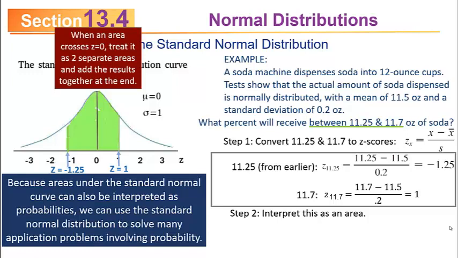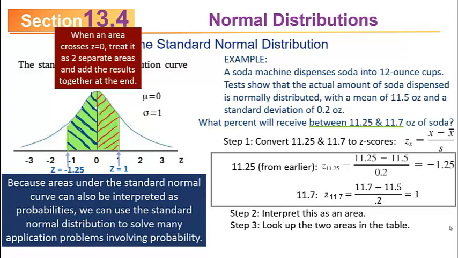When an area crosses that z equals 0 vertical line, you want to treat it as two separate areas and add the results together at the end. So we'll take one area at a time: the area from 0 to 1, and the area from minus 1.25 to 0. Let's look at the one from 0 to 1 first.